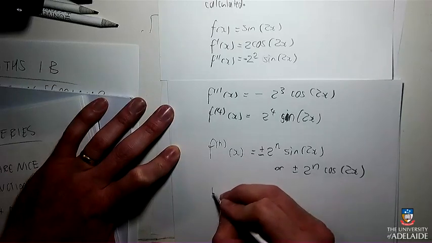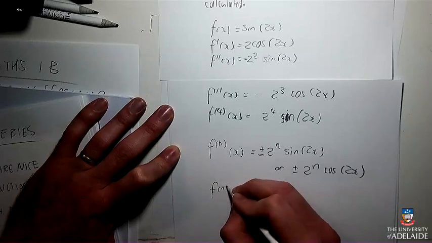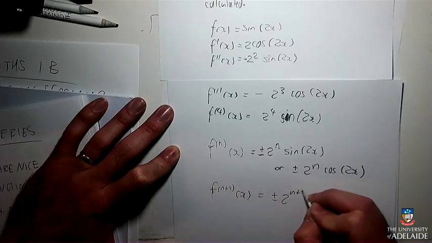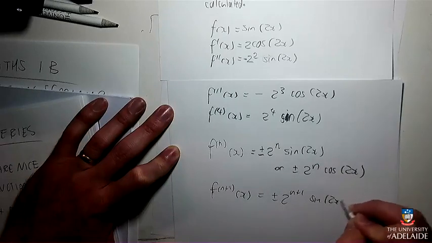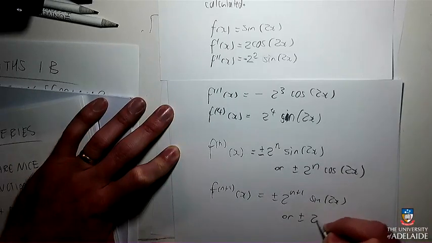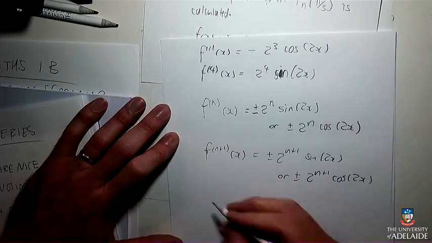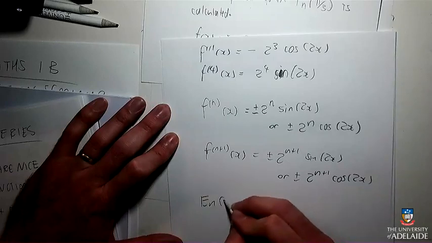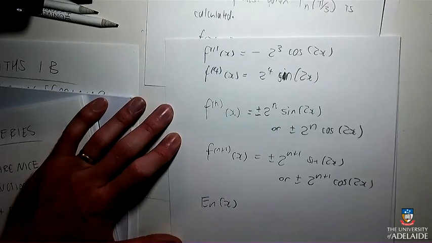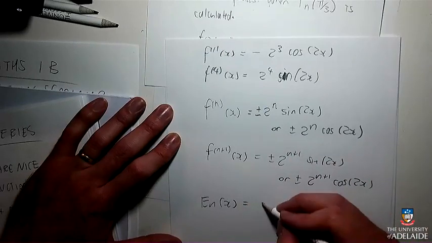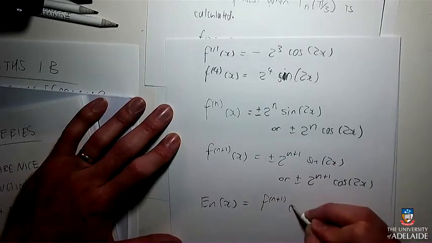So we know that the n plus 1th one, which is what we really needed, has an n plus 1 in that spot. That's what we need to know, which means that the error at the point x is one of these things. But I'm not going to put that in.